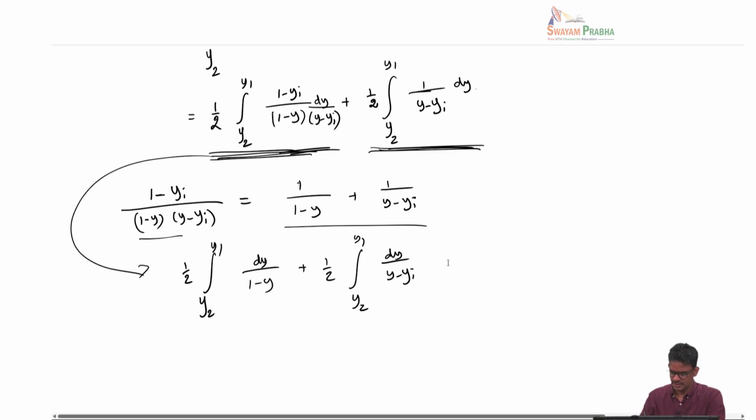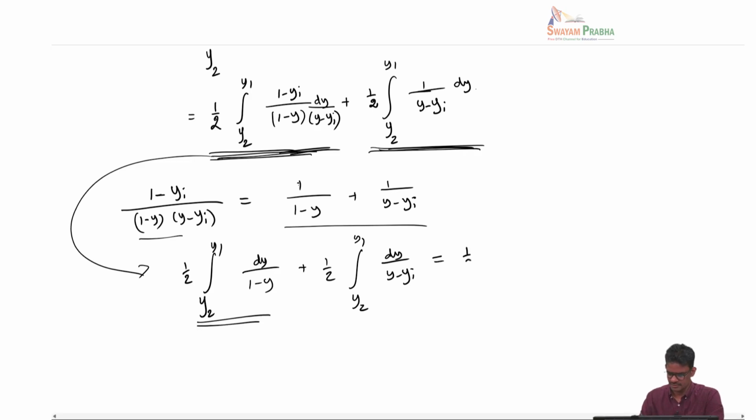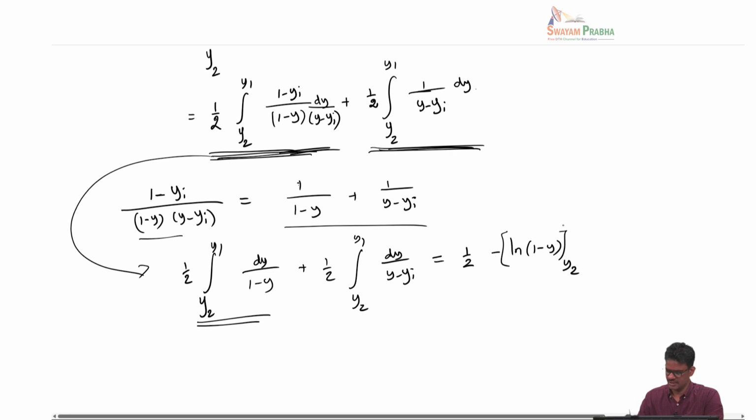And so here this term can be easily solved. You will get minus ln of 1 minus y in the limit y1 to y2, and then you will have this term as such.